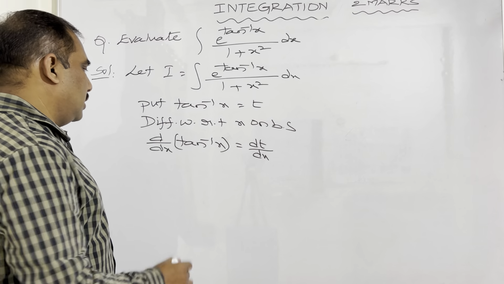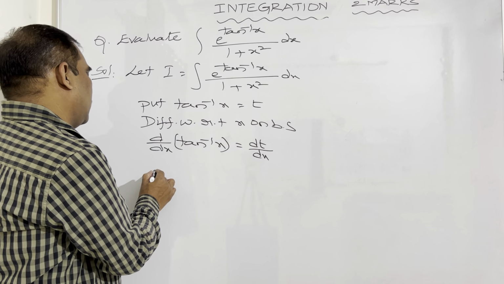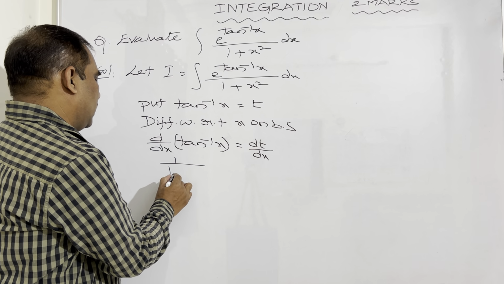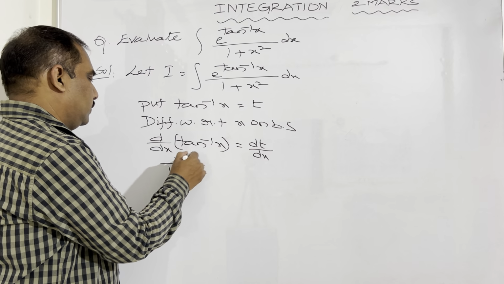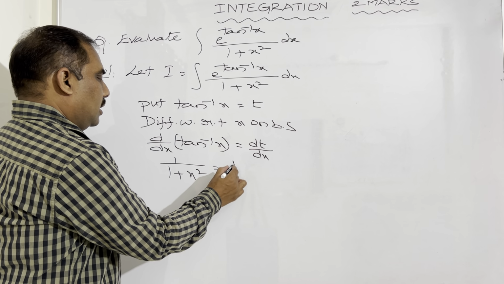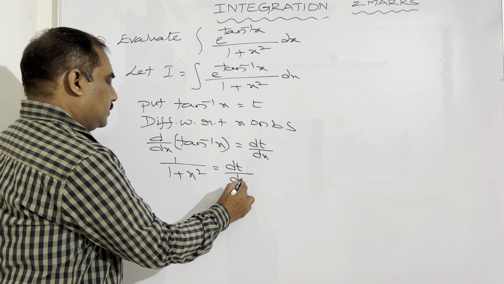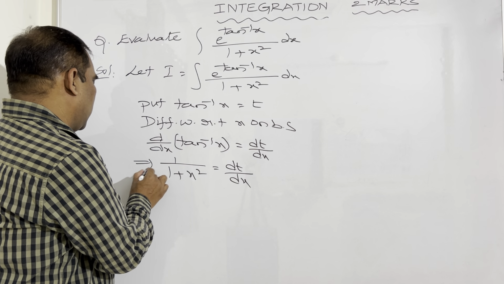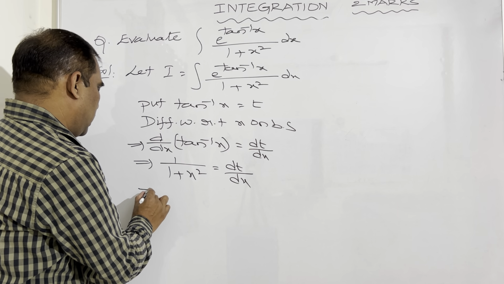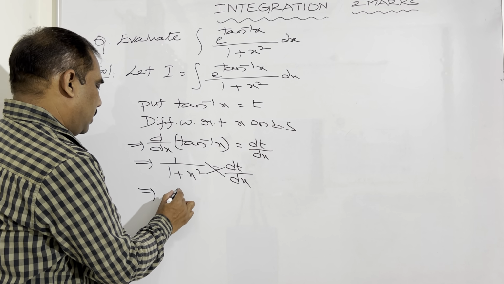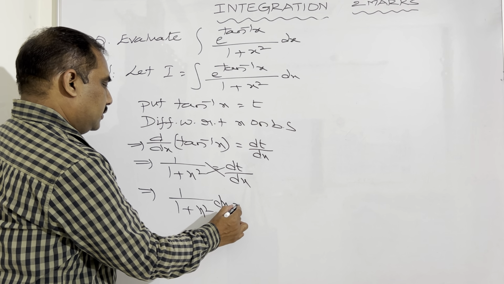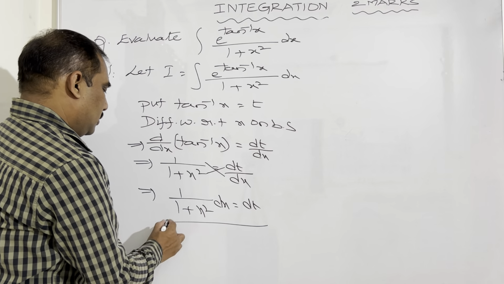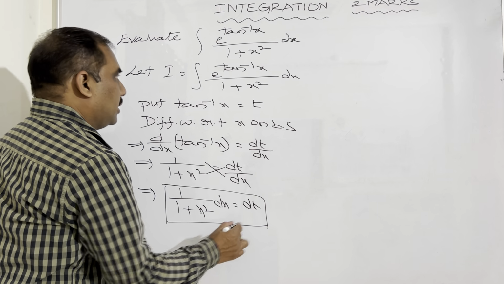We know that the derivative of tan inverse x is 1 by 1 plus x square, so 1 by 1 plus x square is equal to dt by dx. By the cross multiplication we get 1 by 1 plus x square dx is equal to dt.